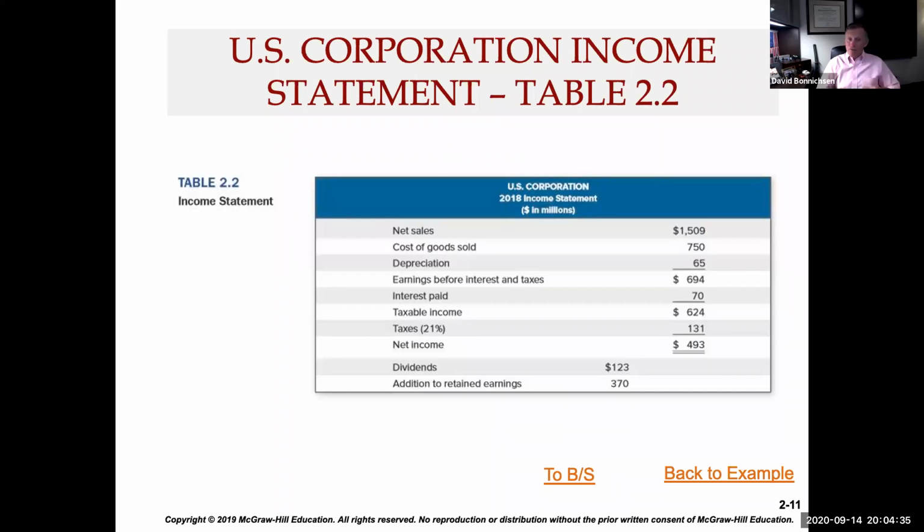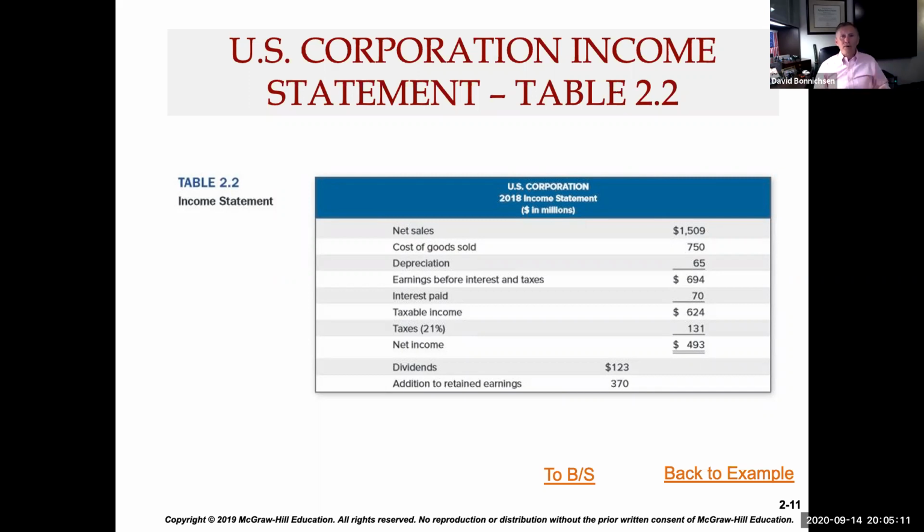We can keep everything for ourselves, and if you go back to your balance sheet, we can flow that entire 493 into retained earnings. Or we can pay dividends to our shareholders as a thank you, and then whatever's left, we can flow into retained earnings.